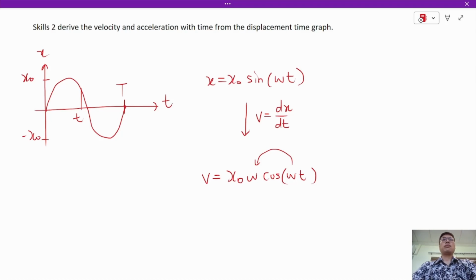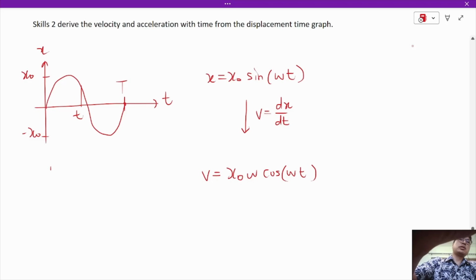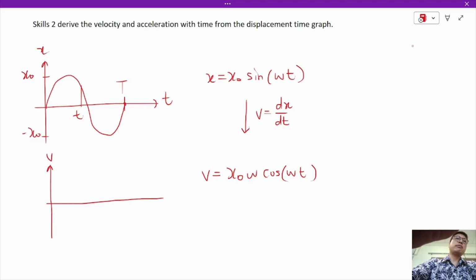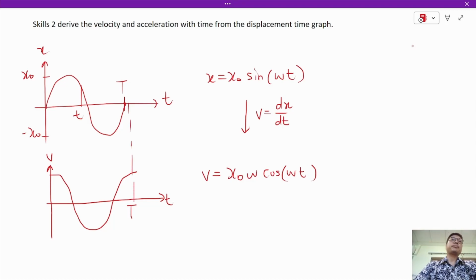So now the velocity will be x naught omega cosine omega t. If we sketch the graph, this is a cosine graph, so the cosine function will look like this. Please note that the period remains the same because the frequency hasn't changed. Only the shape of the graph has changed.